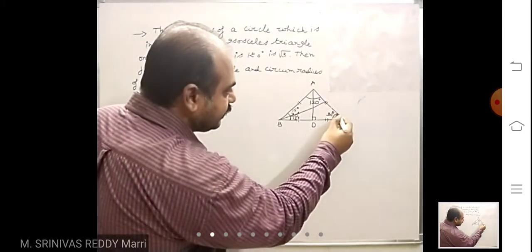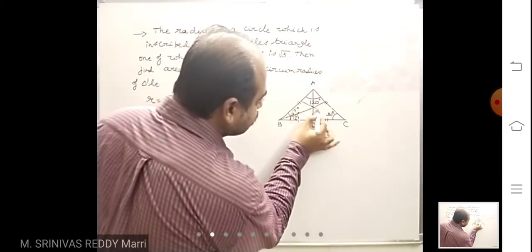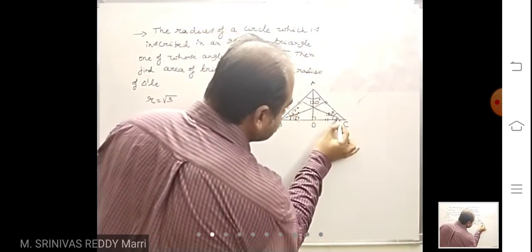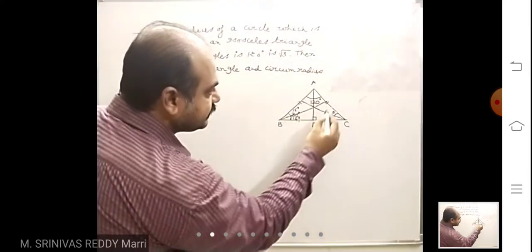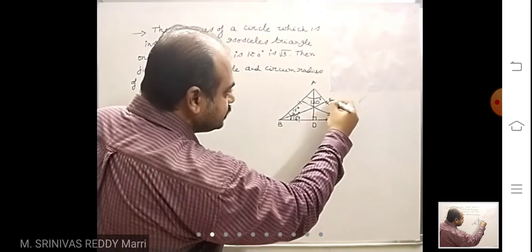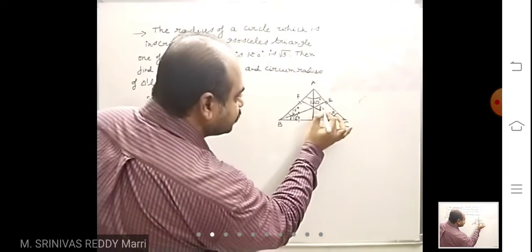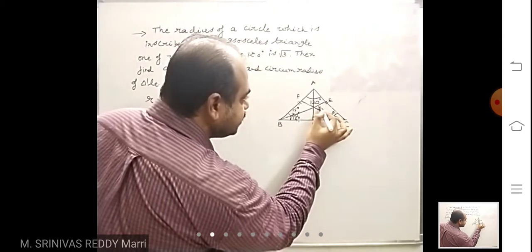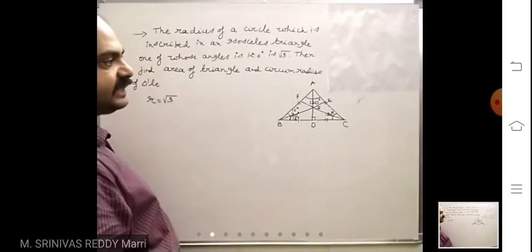Now I am drawing the angular bisector of angle C. This is the angular bisector of angle C, right? This is AD, this is BE, this is CF, right? So this is the incenter.